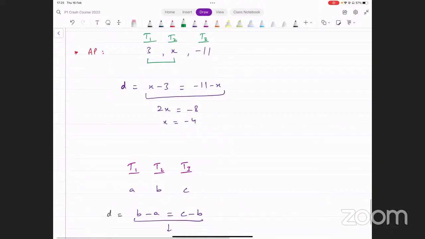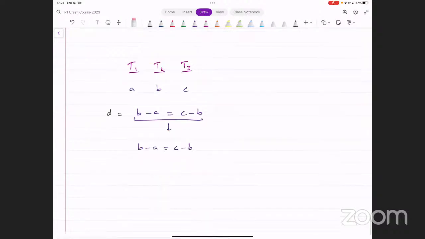Because differences are constant. So using this, you could find any unknowns that you have amongst these 3 terms. If there's one, you could find that, right? If there's more, you'll have some more information given as well. So this is all that we did in the last session.